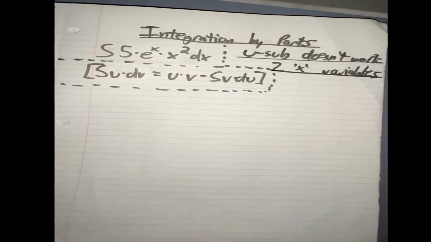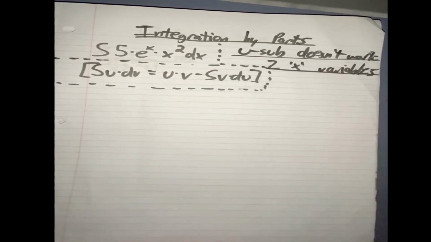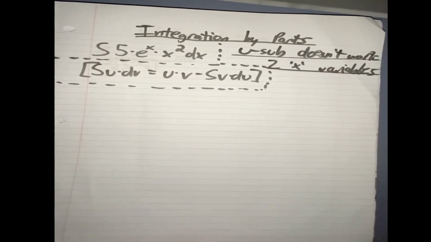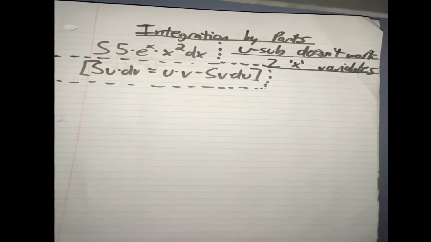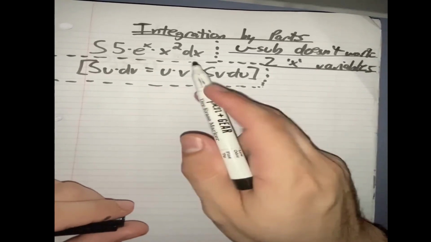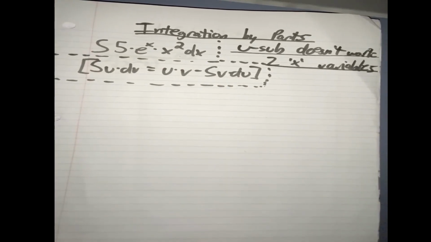In this case, u substitution will not cancel out the other variable, so u substitution will not work. Also, we have two x variables: we have e to the x and we have x squared. So in this case, we can apply integration by parts.